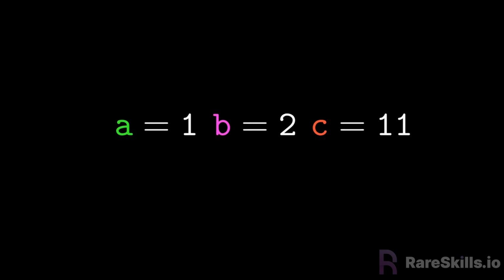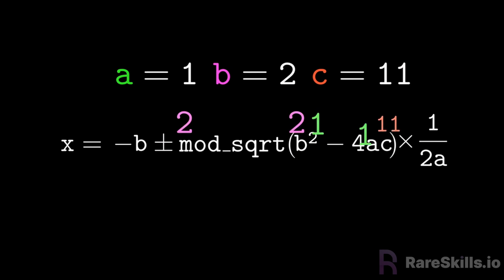In the code I'm about to show you in Python, we plug a equal to 1, b equal to 2, and c equal to 11 into the modified quadratic formula. The division step is computed by modular inverse, and the modular square root is computed using the same library from last time. Here is how to do that in Python.